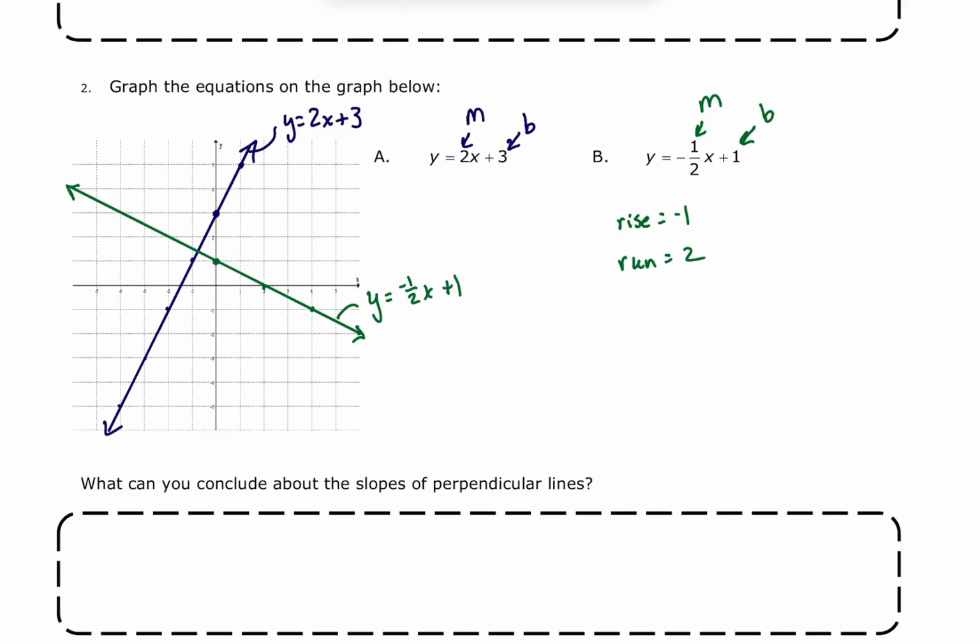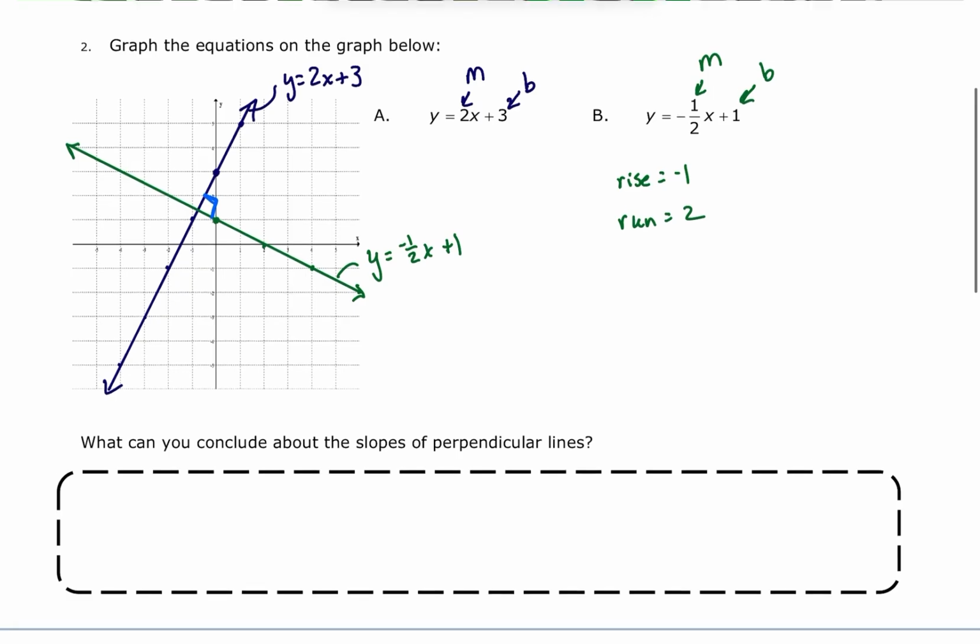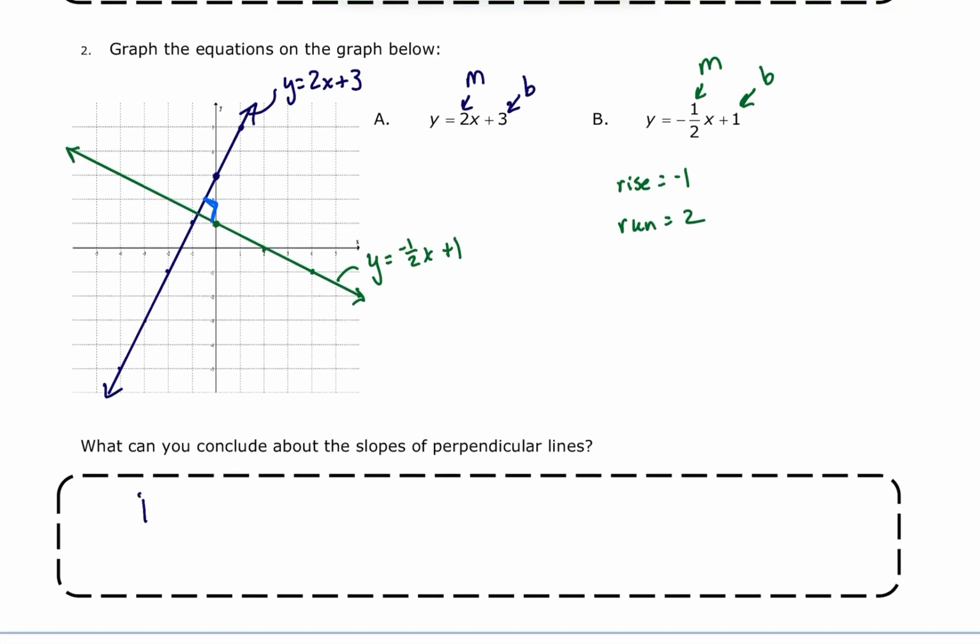So what do you notice about these two lines? Well, I don't know if you notice exactly, but this is a right angle, so they are perpendicular lines. So we know that when we have perpendicular lines, they have the opposite reciprocal slope.